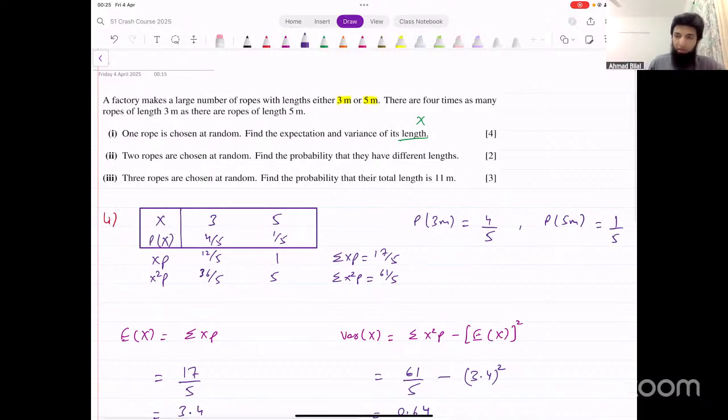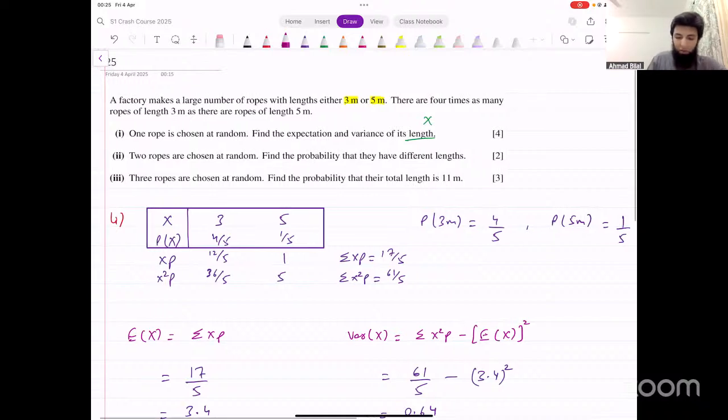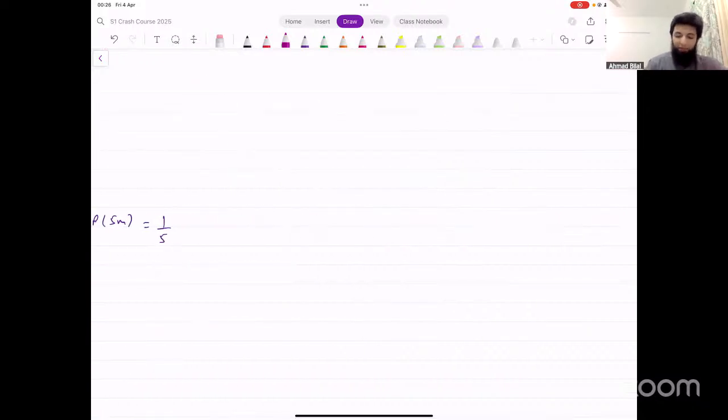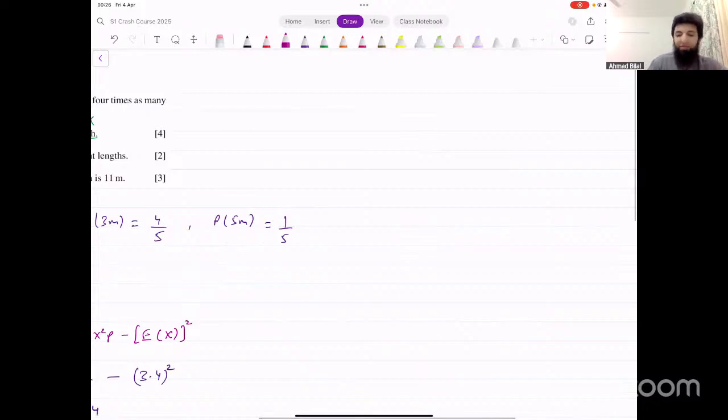Remember, the total number of ropes is not 5. It's a large number of ropes. Even when you are taking ropes without replacement, if it's a very large number, think of something very close to infinity. I can't give an example of a number that's very close to infinity, but let's take a relatively large number just to understand this idea.